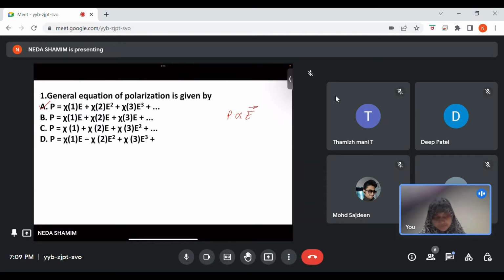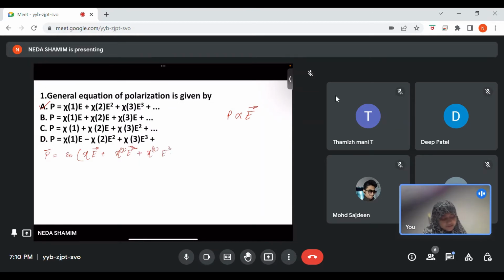If we want to expand the polarization, it will be equivalent to epsilon 0 times chi 1 E plus chi 2 E squared plus chi 3 E cubed.